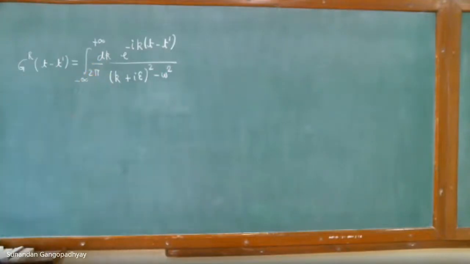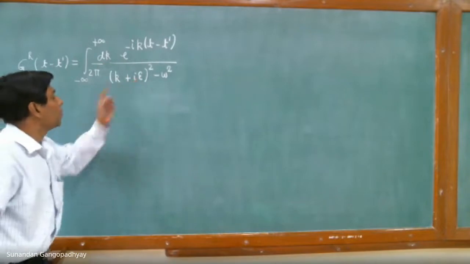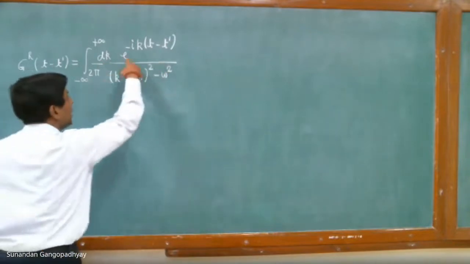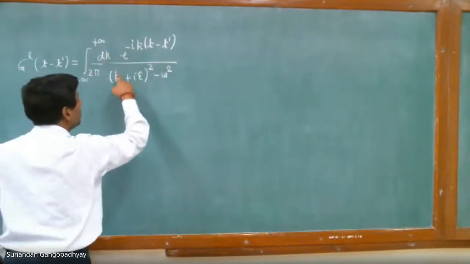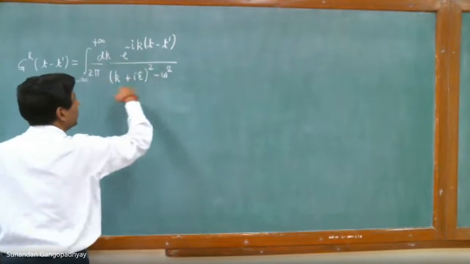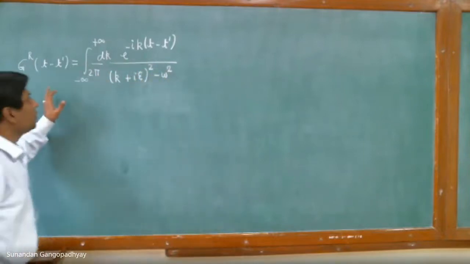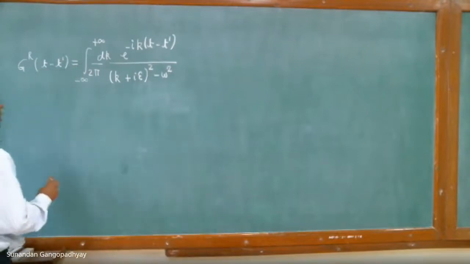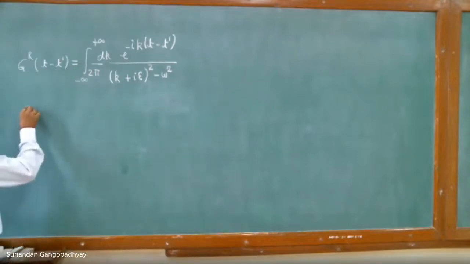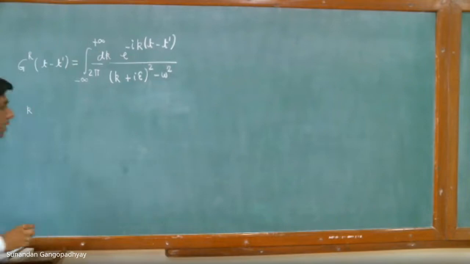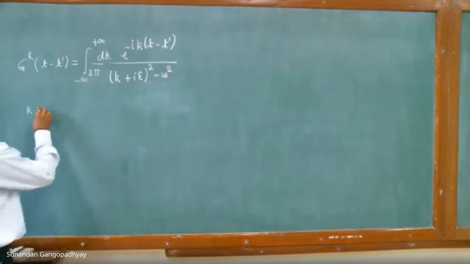So this is how we take the form of this function. This is basically the G_k. G_k is 1 by 2 pi multiplied by this factor. And the way in which we have written down the retarded Green's function, it tells us that both the poles have been pushed downstairs, and this is the thing that we discussed in the last class.